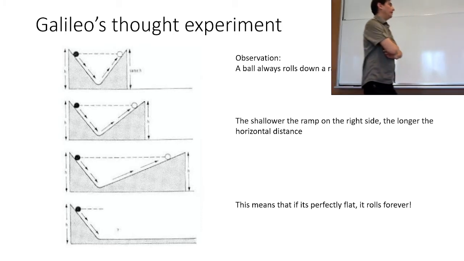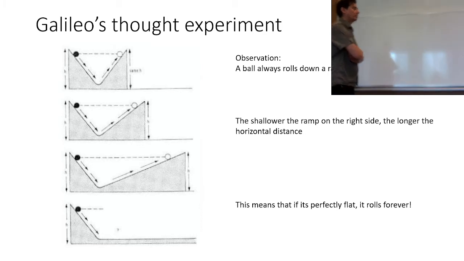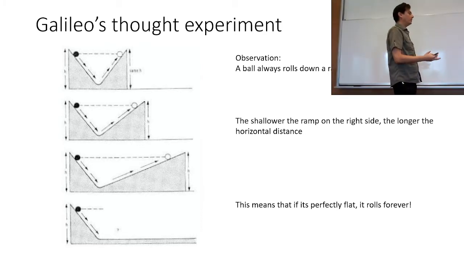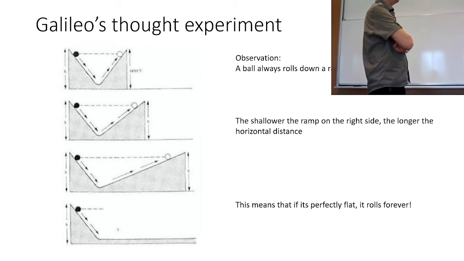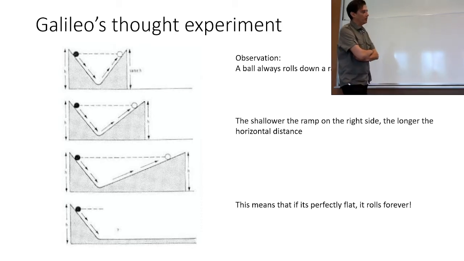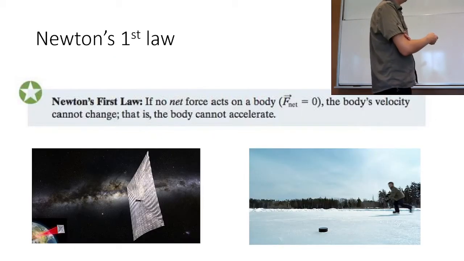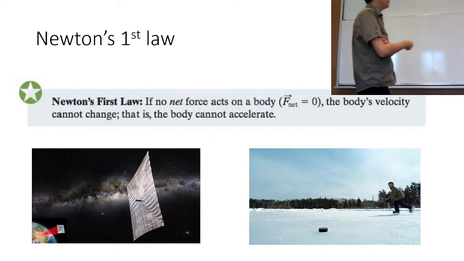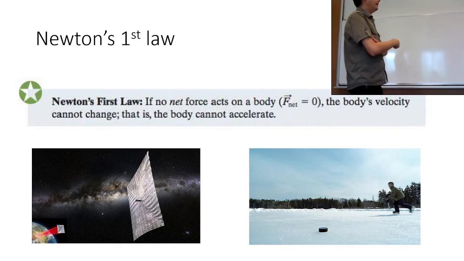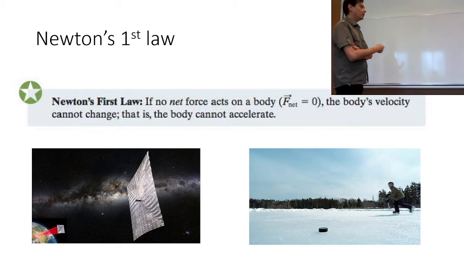So if you don't act any force on it, then a particle or some object will keep on moving at constant velocity forever. And he deduced this from a thought experiment, which we now know as Newton's first law, but it's really Galileo. And so if there's no net force on an object, then the velocity cannot change.